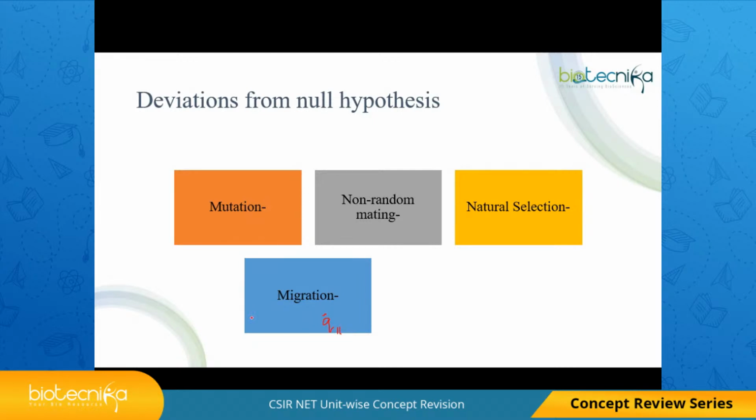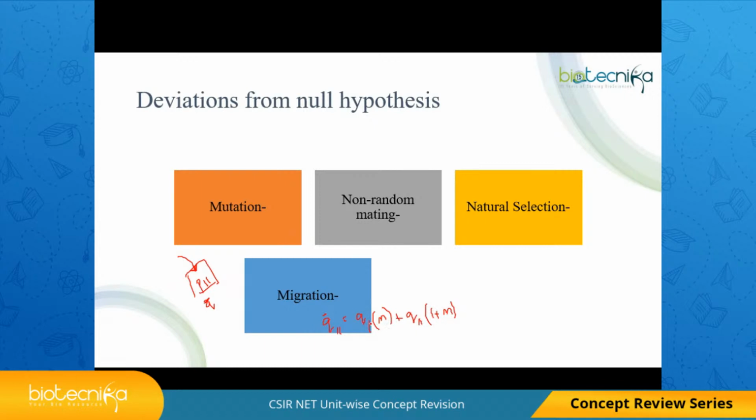That means you have a population number 2, where people are entering. There is a lot of immigration here. Then the allele frequency change in this population is written as Q1 into M plus Q2 into 1 plus M.